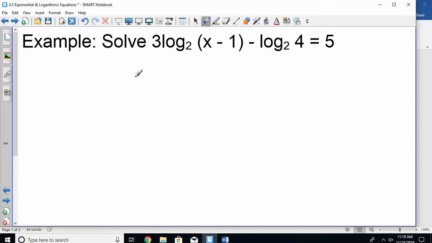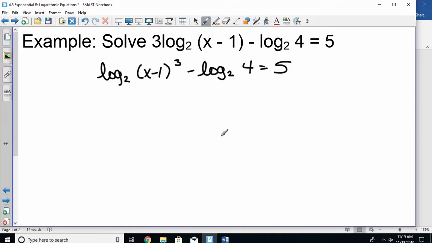Take your 3 to the exponent. I have 2 logs being subtracted now, so I can combine them with division.